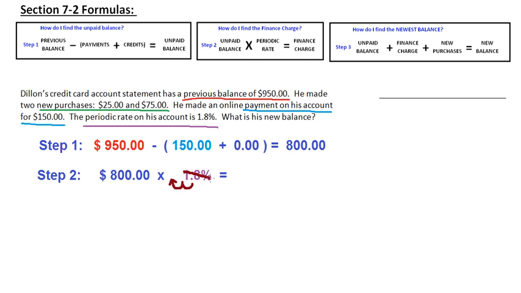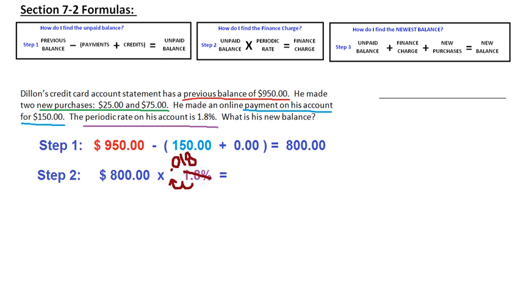So we can get rid of this number and come up with 0.018. There we go. And so that's what we're going to multiply times 800.